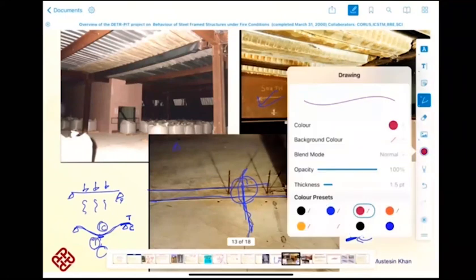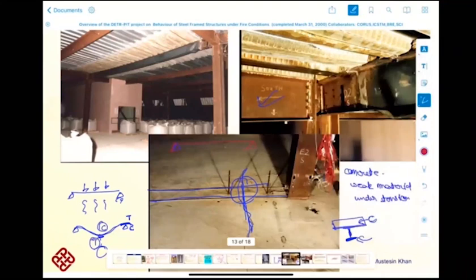Suppose this was the beam. The whole beam did not bend very significantly, only there was a bending at some particular location, and that is why we call it local buckling. And if it was a whole beam bending, then we would have called it global buckling. So the local buckling phenomenon was observed.